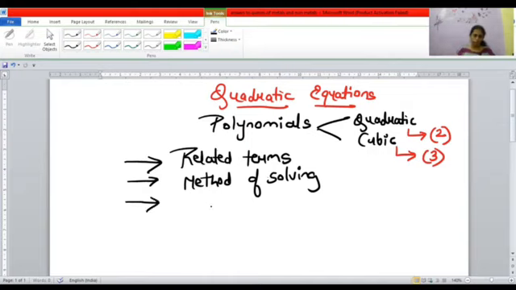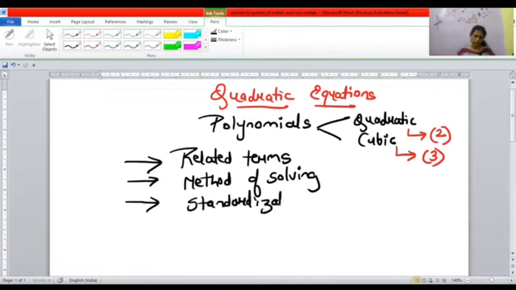The third thing is standardization of quadratic equations. Then the fourth thing is nature of roots. We have to find out the root of a particular equation, so we should know what is the nature of that root, right? And under nature of roots, we have various word problems which we are going to deal with. Students, this is quite an interesting topic, so please be attentive as we move ahead.